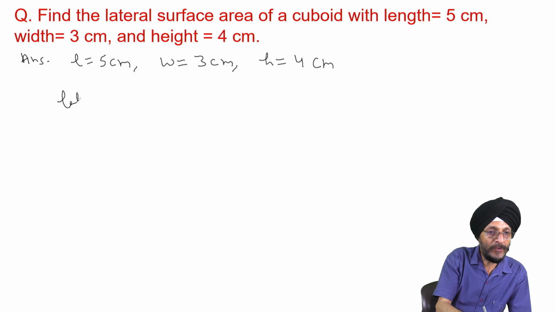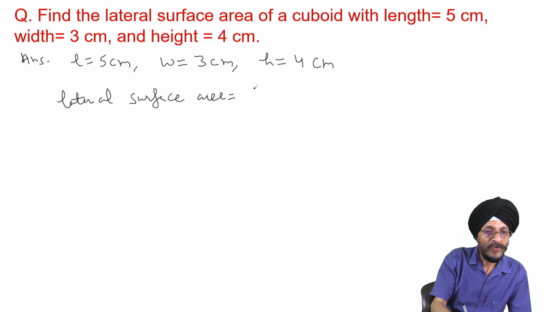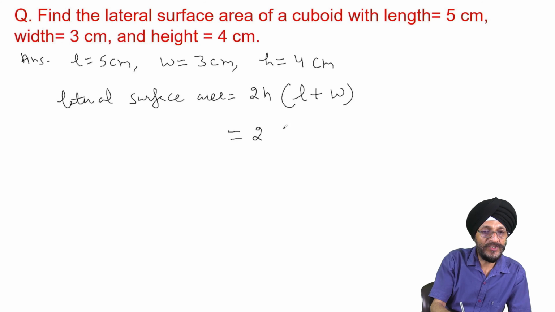Now what is the formula for lateral surface area? 2H (L plus W). What was the height given in the question? It was 4. What is the value of length? It is 5. What is the value of width? It is 3.